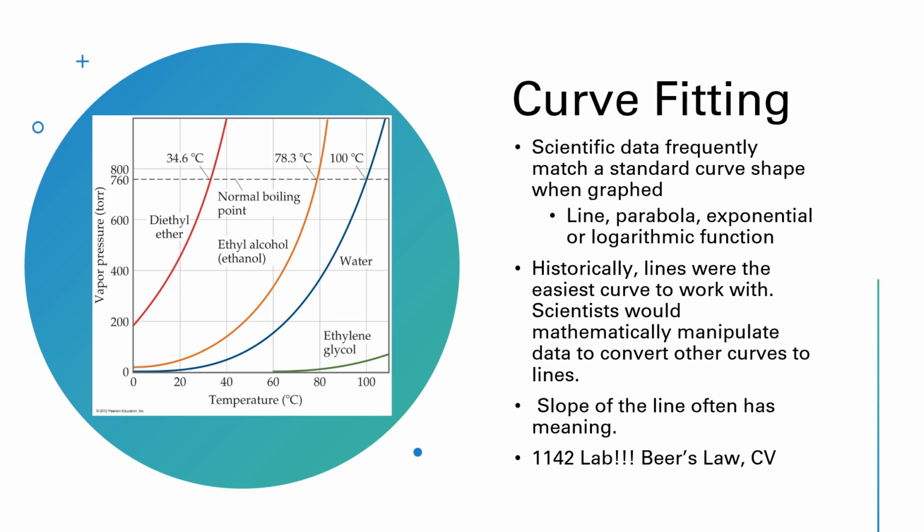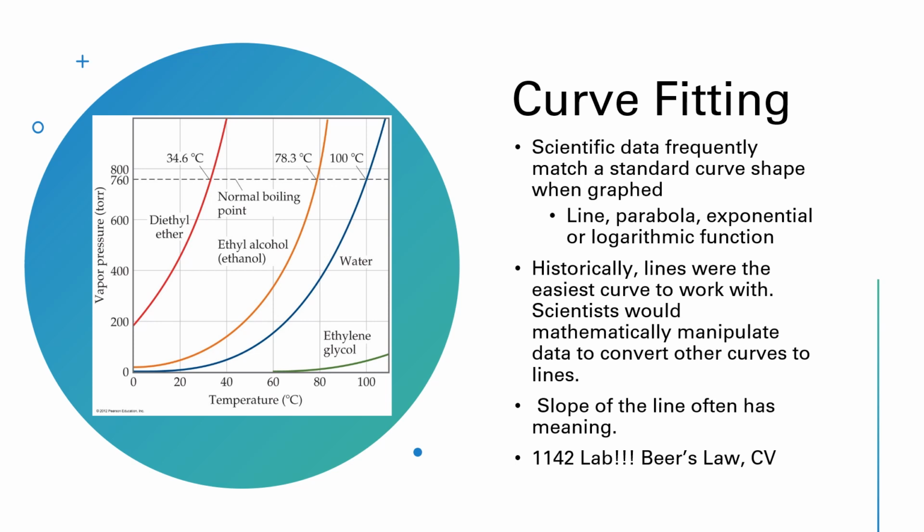As you go to higher temperatures, the vapor pressure goes up, and it all seems to go up in a similar fashion. So when we see something like this, historically, we try to analyze it. In the days before calculators and computers, that sort of curve analysis would be kind of hard to do, but doing analysis of lines was much simpler.